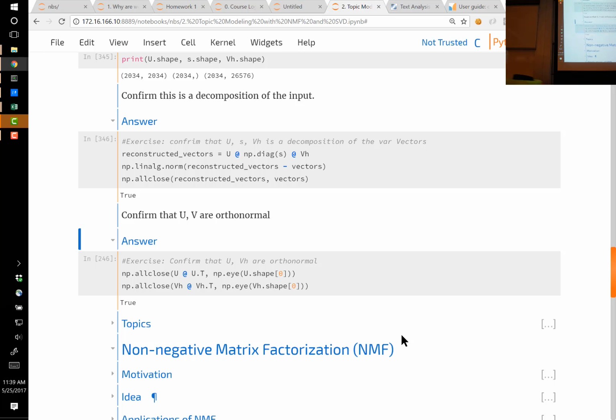So what you can do is multiply them by their transpose and then compare them to the identity. The reason this works is multiplying U by U transpose, and actually one of these I have backwards.